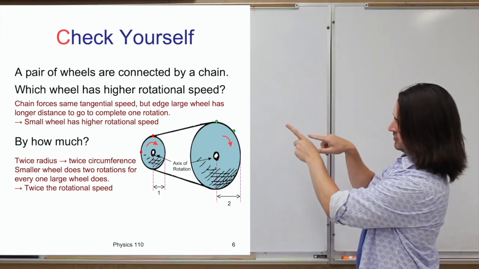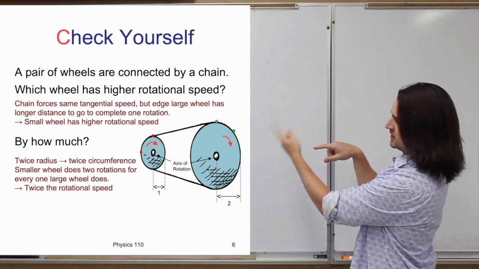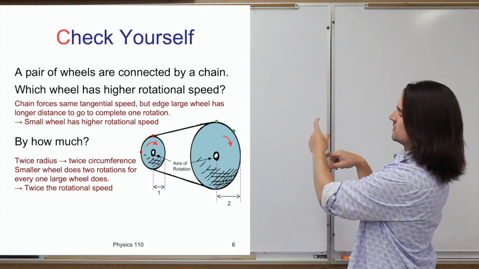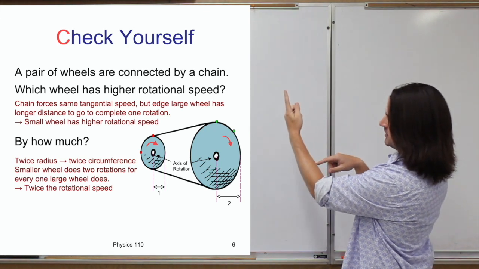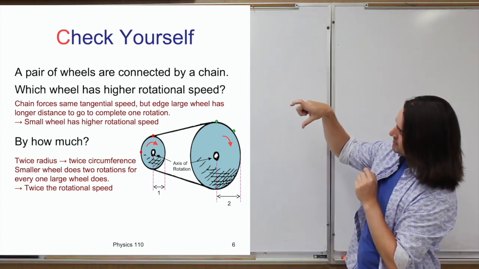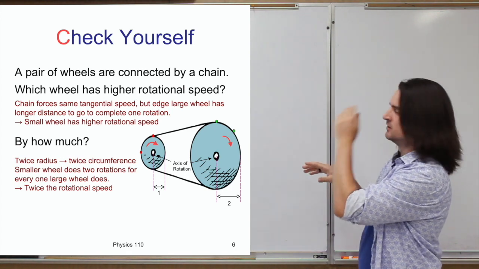Because when the first red dot on the left moves up to the top, that's the chain moving that far. Looking over at the bigger wheel, the first green dot would be up at the top, and as the chain moves, it now moves over to the right. The chain moves just that amount on each of the wheels as it's turning.